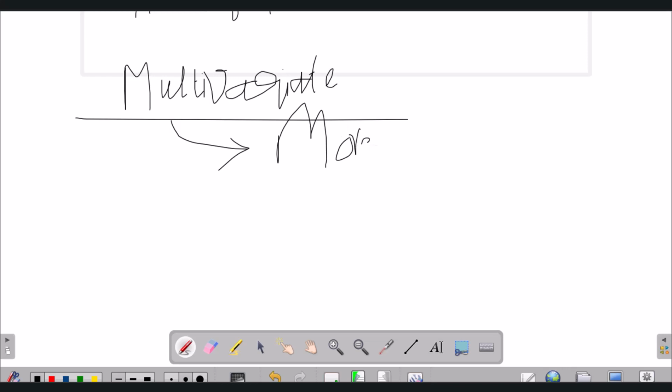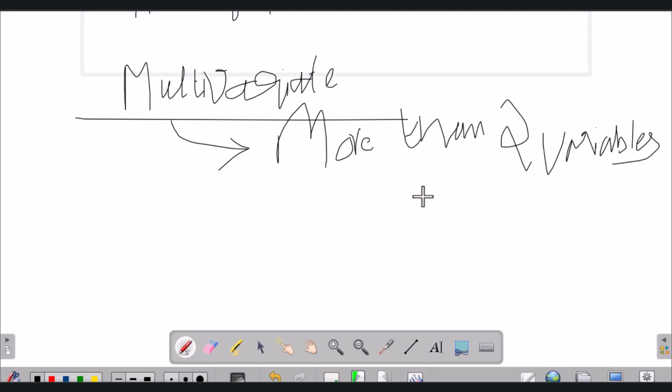More than two variables, that is nothing but multivariate. I hope this is giving you clarity now. It helps to understand their combined effect on the response. It is more complex and helps in understanding the interaction between the different variables.